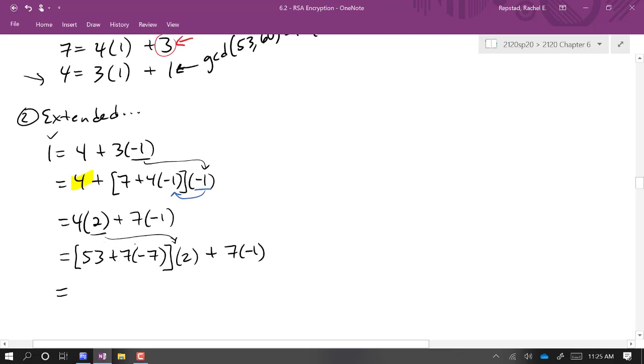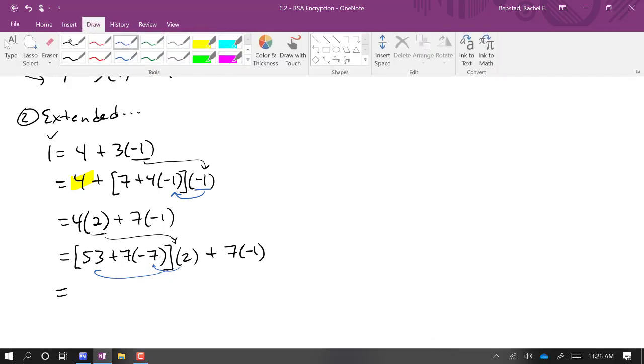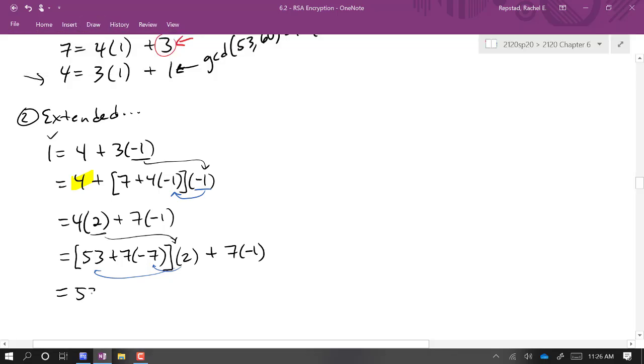When I distribute this 2, I've got 53 times 2 plus 7 times, let's see, negative 14 minus 1 is negative 15. And that is equal to 1.